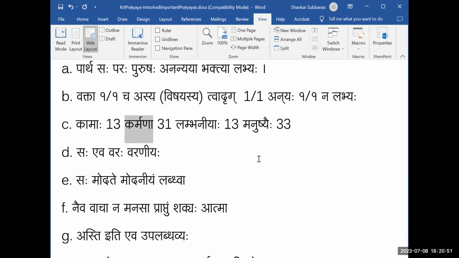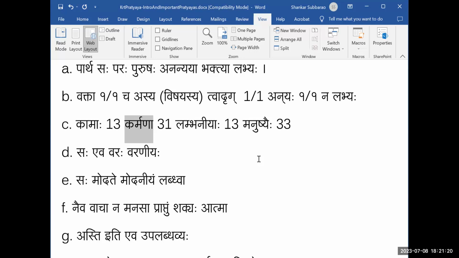Manushaihi karmana kamaha lambhaniyaha. Good. Translated. Correct. It's correct, Swamiji. No, translate it now. You said it correctly. Manushyahi karmana kamaha lambhaniyaha.